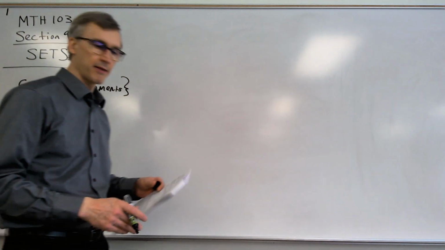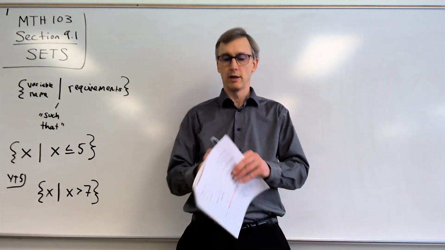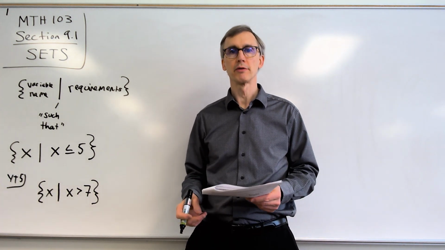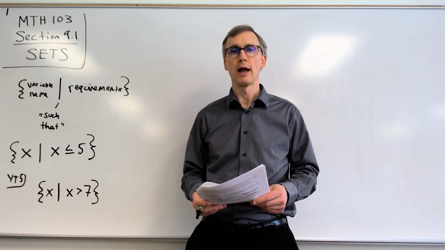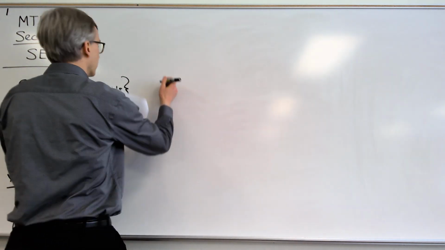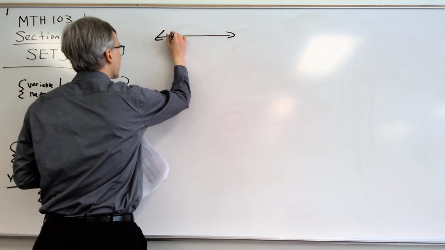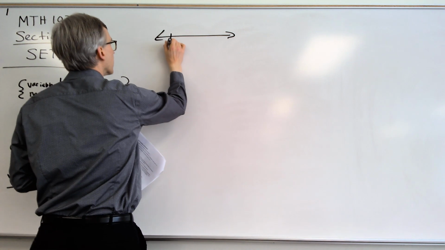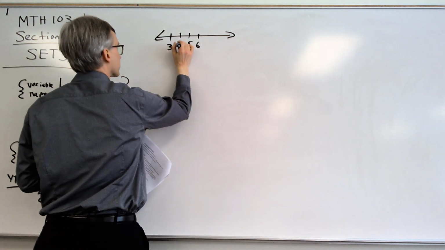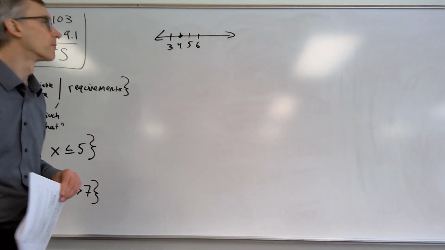Now many questions in math have answers that are ranges of numbers, not just one number. And so we're going to be writing those out with things like set builder notation and inequalities, and also we're going to be graphing them. So when we graph these intervals, instead of, like if we were just graphing a single number, like x equals 4, we just put a dot at 4, and we're done.